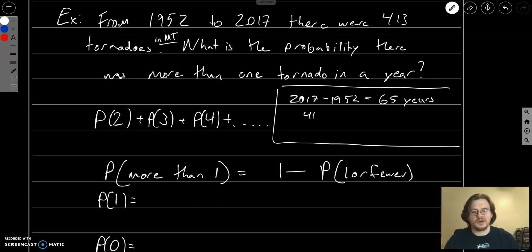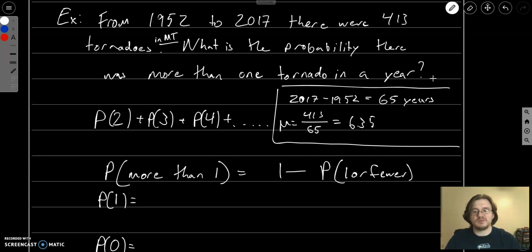And if there were 413 tornadoes in that time, over 65 years, that means that there was an average of, I wrote this down, 6.35 tornadoes. So this was the average. So this is the mean.